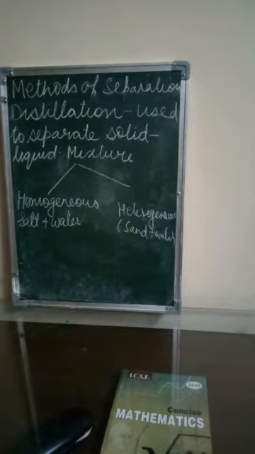Now the pure liquid, that is water, gets collected in a receiver, and the solid, which may be a soluble solid, for example salt, or an insoluble solid, such as sand or chalk, remains in the distillation flask. So students, this is how distilled water is prepared in the laboratory.